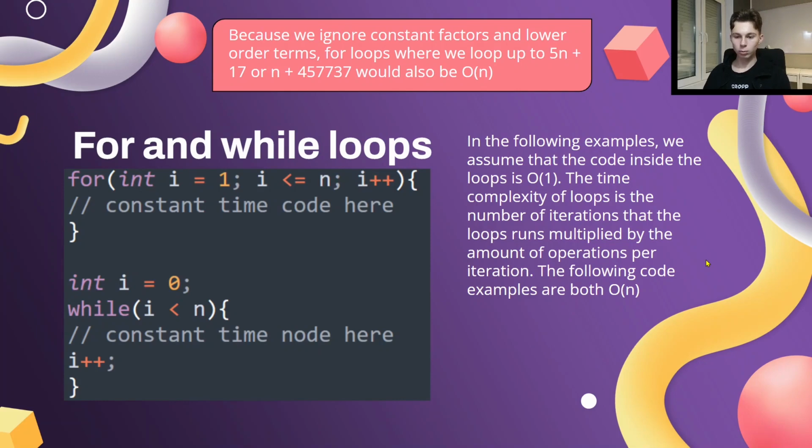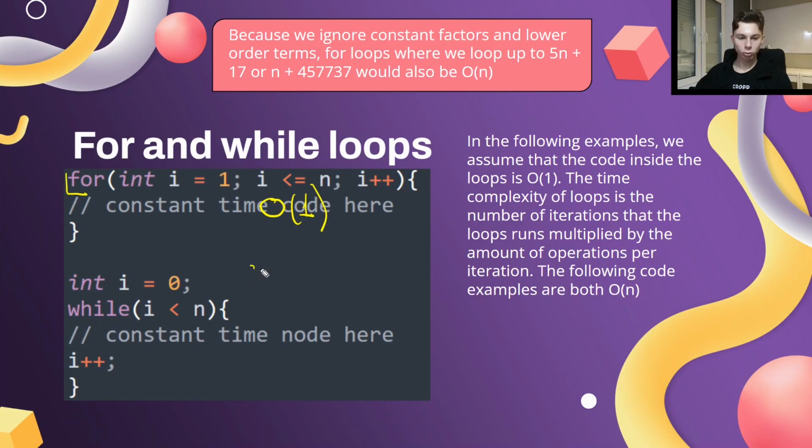For and while loops. In the following examples, we assume that the code inside the loops is O of 1. The time complexity for loops is the number of iterations that the loop runs multiplied by the amount of operations per iteration. The following code examples are both O of n. So we know that this is constant time, so O of 1, and this loop runs n times.